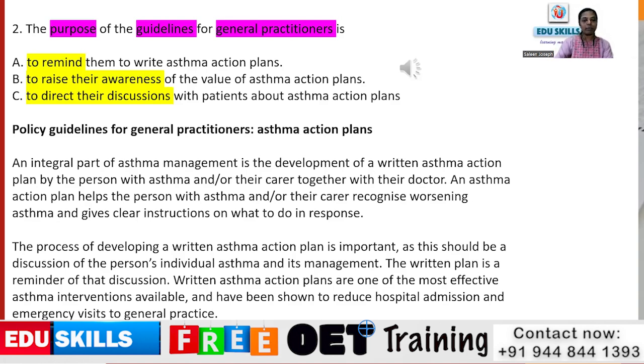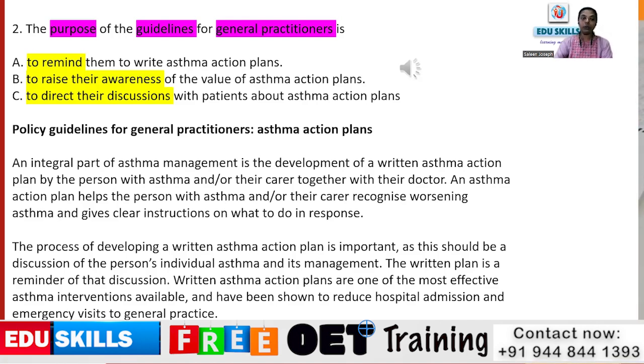The process of developing a written asthma action plan is important, as this should be a discussion of the person's individual asthma and its management. The written plan is a reminder of that discussion. Written asthma action plans are one of the most effective asthma interventions available and have been shown to reduce hospital admission and emergency visits to general practice.